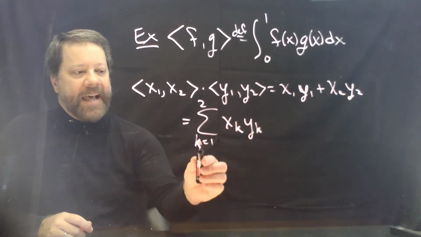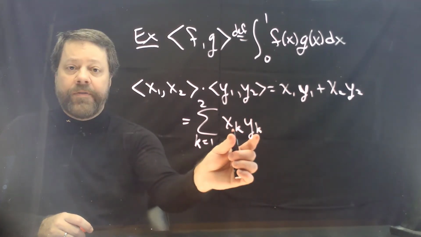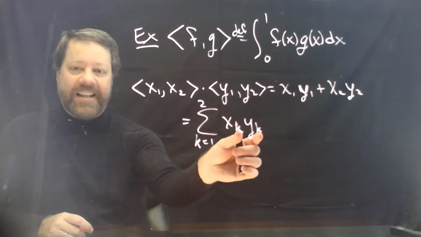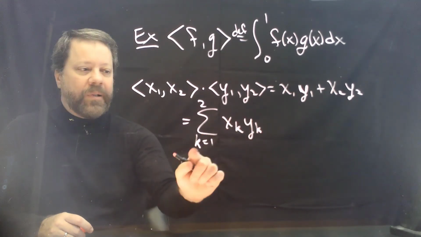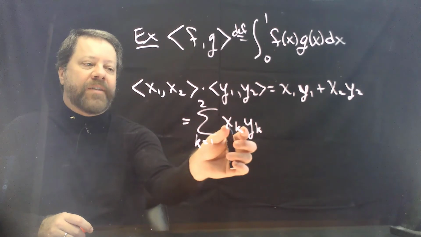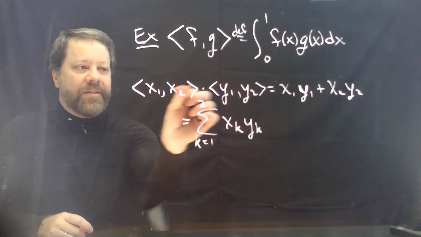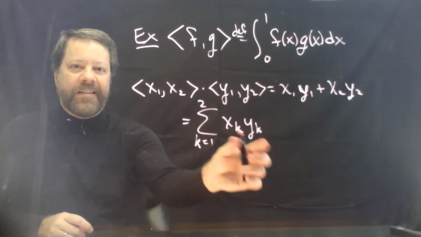In this way, I'm adding up values of these two functions, where k is the argument of the function. We're plugging k in and outputting some number that goes into each of these coordinates.